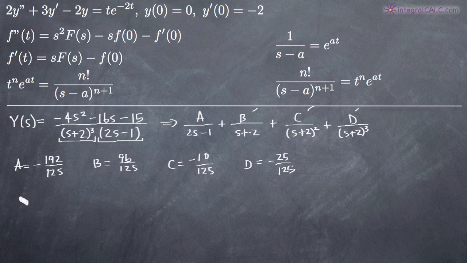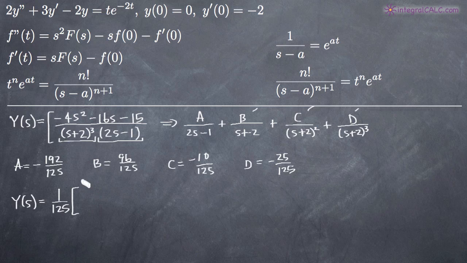So now, instead of this crazy fraction here for Y of s, we'll go ahead and plug in instead our partial fractions decomposition. And we're going to pull out a 1 over 125 outside of our decomposition.